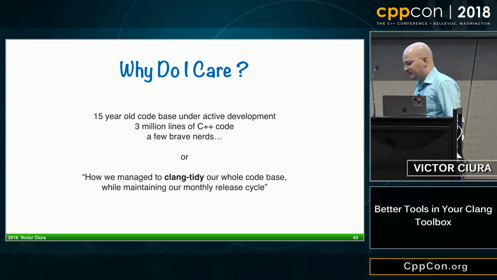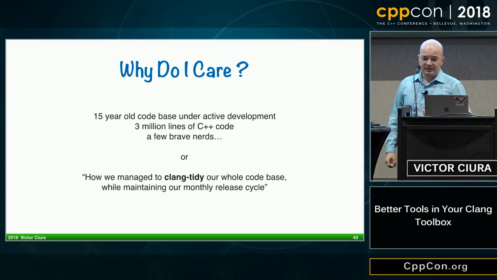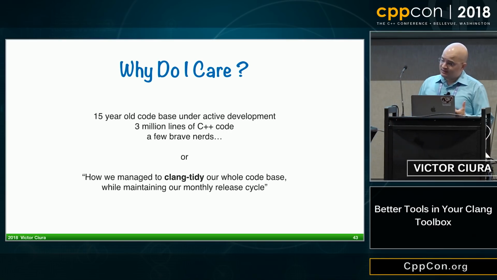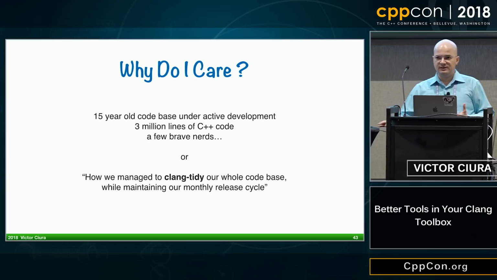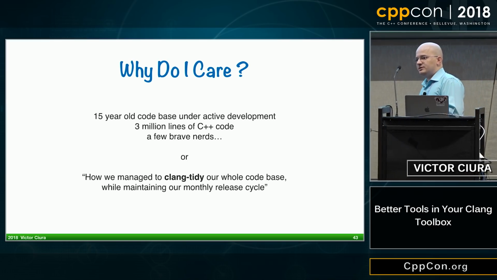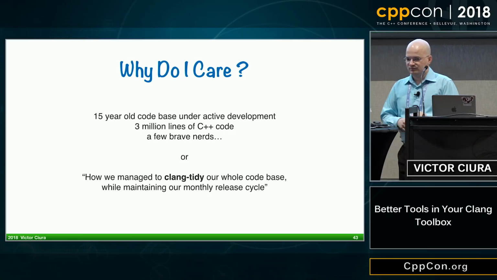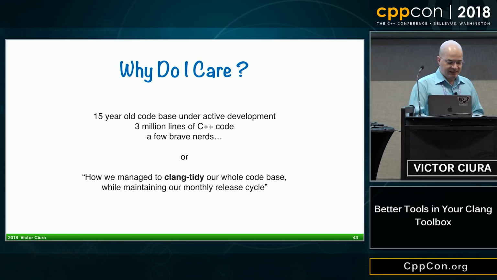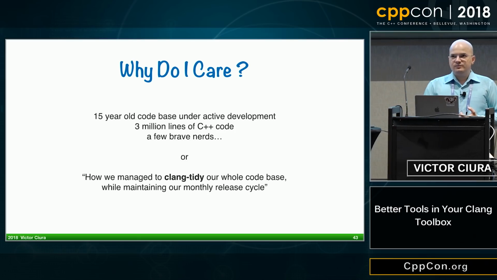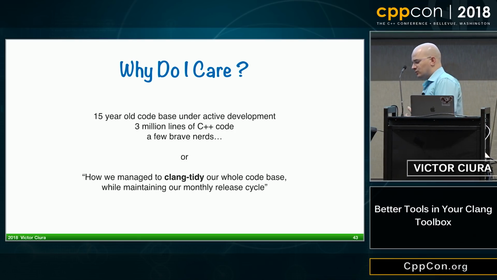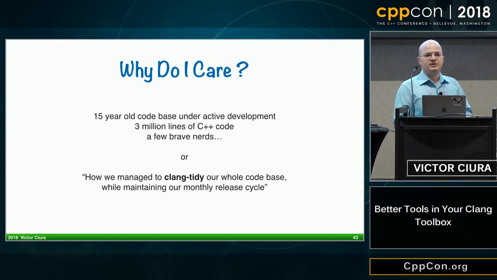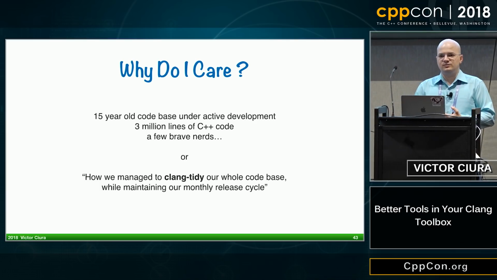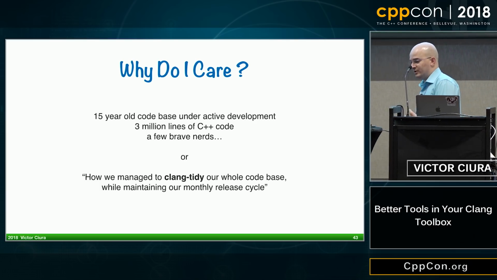But why do we care about all this? Well, the reason we care is we've been working on our code base for 15 years now, and in some parts of it, it really shows. It started pre-C++11, of course, and when we are dealing with millions of lines of code, it's unreasonable to expect to change anything just for the sake of change, and it's out of the question to do it manually.